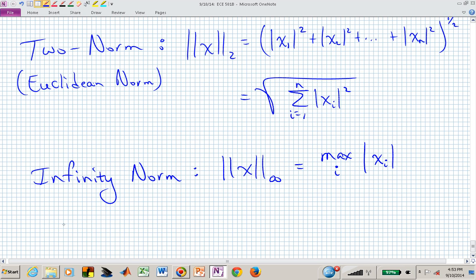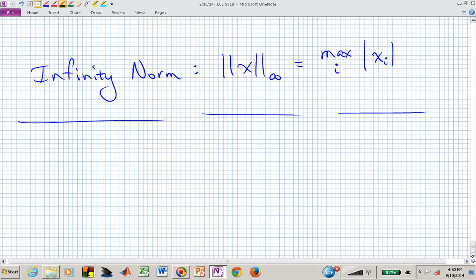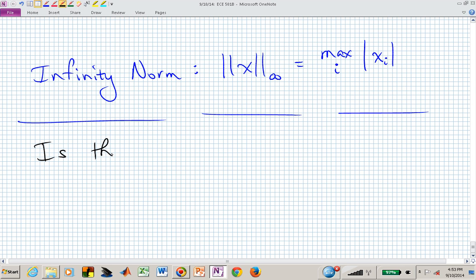So there are 3 different norms. We didn't need all of those. We're going to simply look at the 2 norm and ask, is it linear? Is the 2 norm linear? So now we have T, let's say as a map, is going to produce the 2 norm.